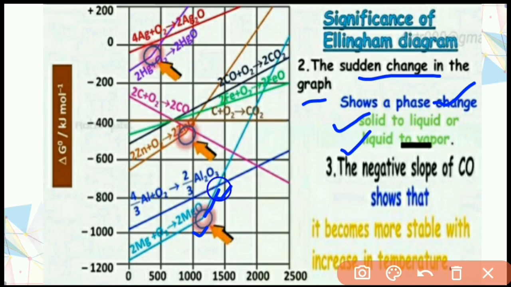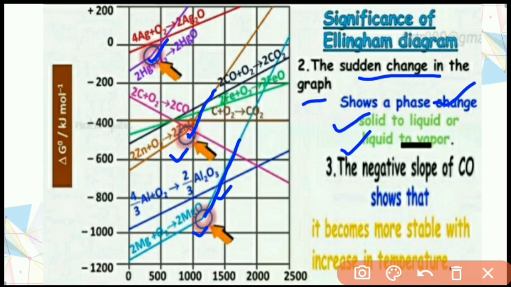So this sudden change shows the physical state change. See in zinc also, at that temperature the physical state of zinc oxide changes. Here mercury also shows a sudden change, where the liquid converts into vapor.